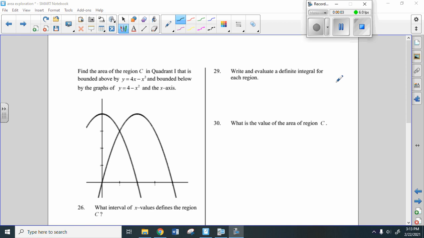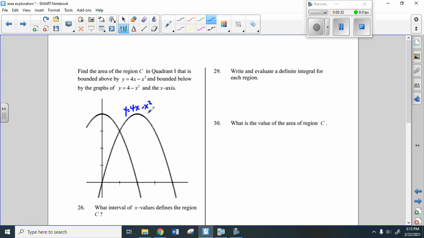All right, we're going to keep on moving, and we're going to find the area of the third and final region between these two curves. We're going to call it region C. It says it's in quadrant 1, and it's bounded above by y equals 4x minus x squared, and below, because it didn't label it again for me, but this graph is the 4x minus x squared.